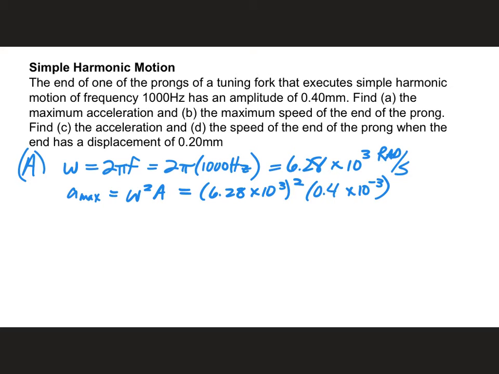So 0.4 millimeters would be 0.4 times 10 to the minus 3 meters, and this gives us 1.6 times 10 to the 4th meters per second squared. So 16,000 meters per second squared.